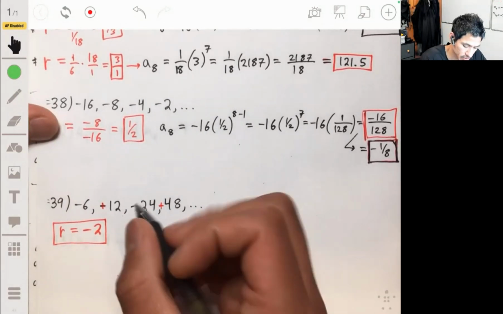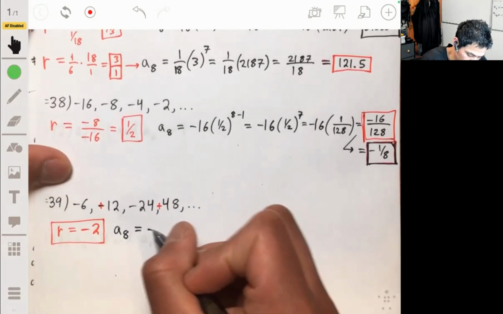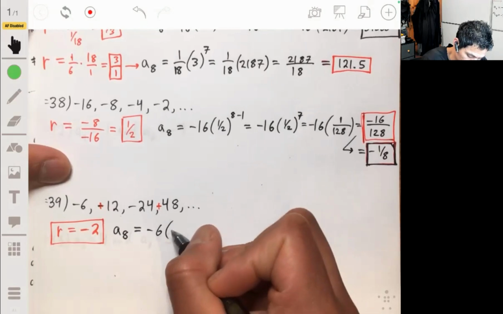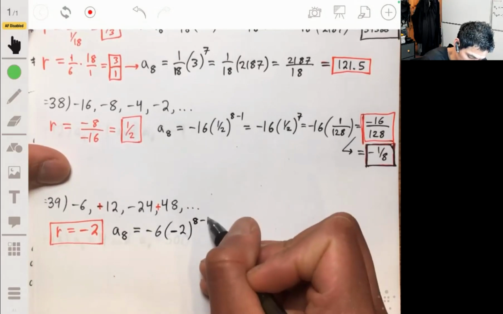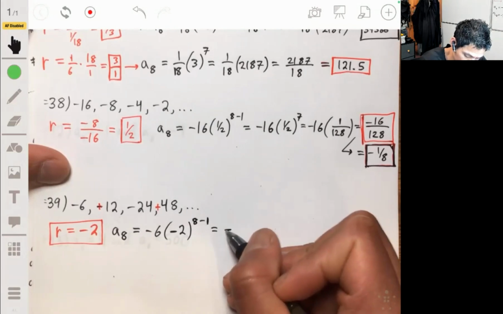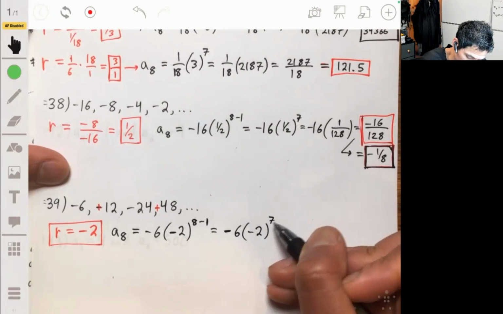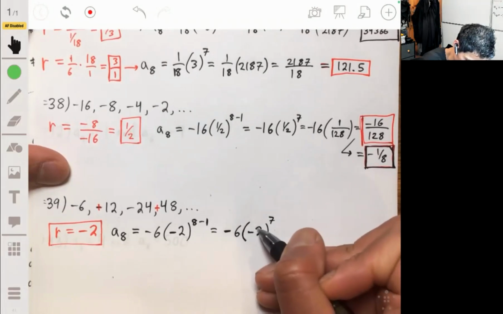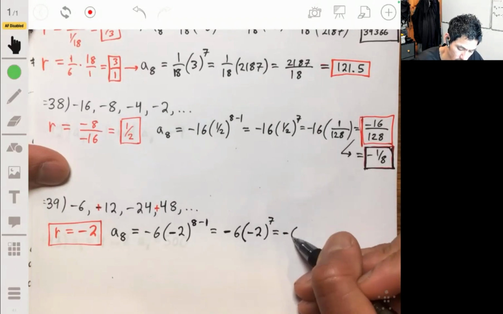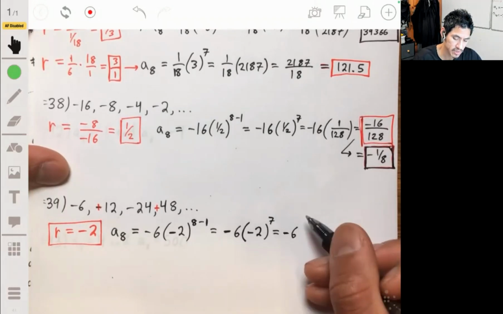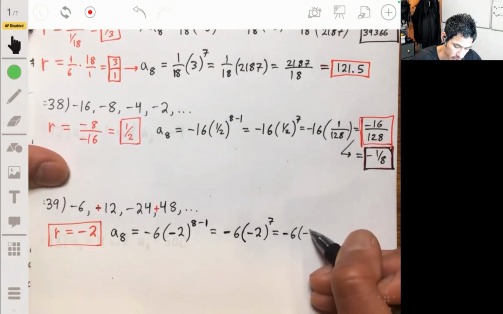And so then A8 will be A1, or -6 times -2 to the 8 minus 1 power, or -6 times -2 to the 7th power. We just did 2 to the 7th. It'll be -128.